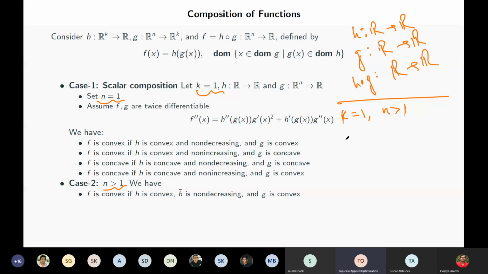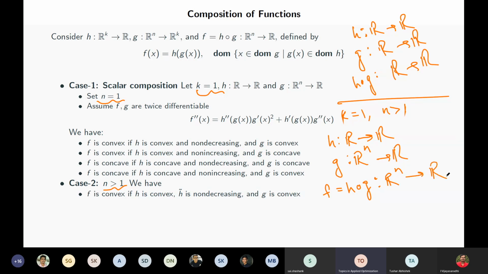So in this case, what is the criterion now? H is from R to R, so this is just R to R. And g is from R^n to R. Okay, so now it is just any arbitrary n. And in this case, f is defined to be h after g. So g is from R^n to R, and then R is taken by h to R again.